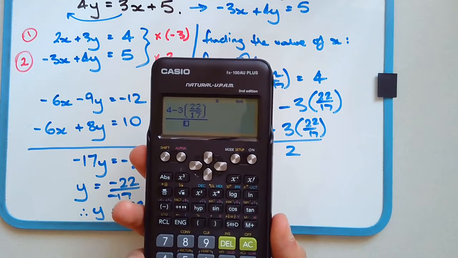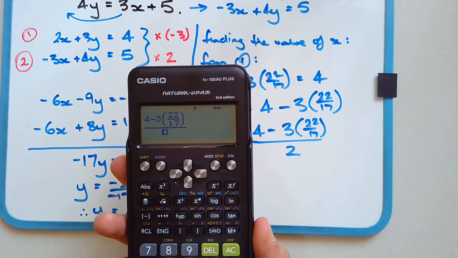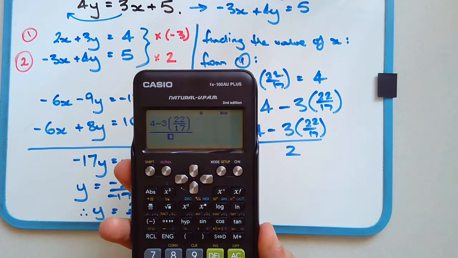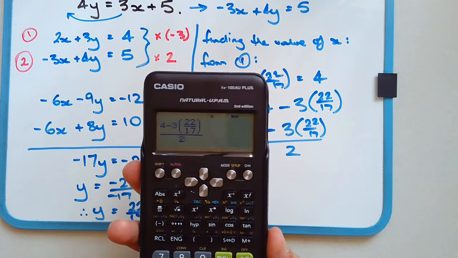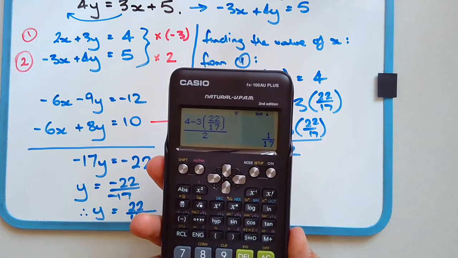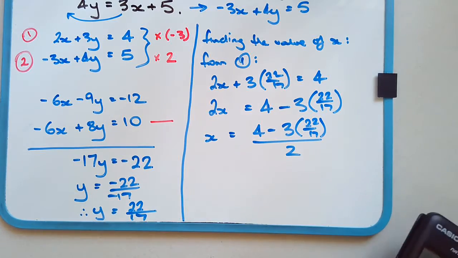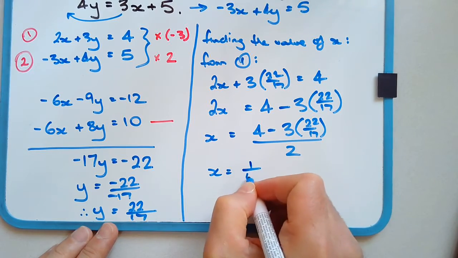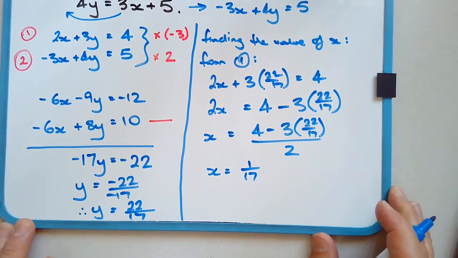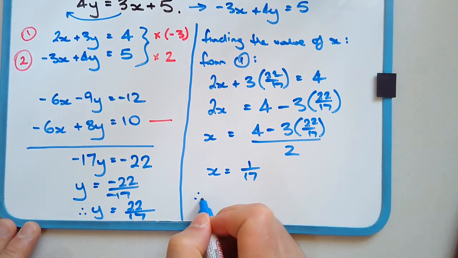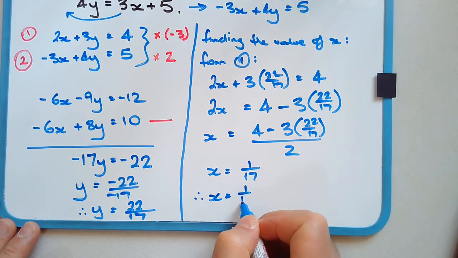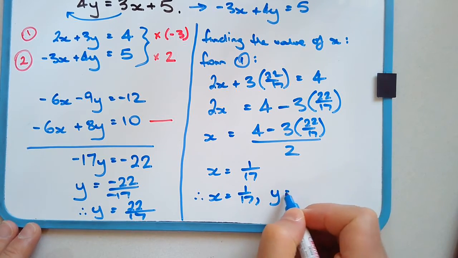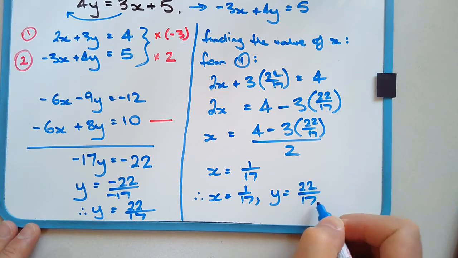So 4 minus 3 outside of 22 on 17. Remember, that's the value for y that we found. And then we're going to divide all that by 2. Okay, we get 1 on 17. So x is equal to 1 over 17. So these are our solutions. Therefore, x is equal to 1 on 17 and y is equal to 22 on 17.